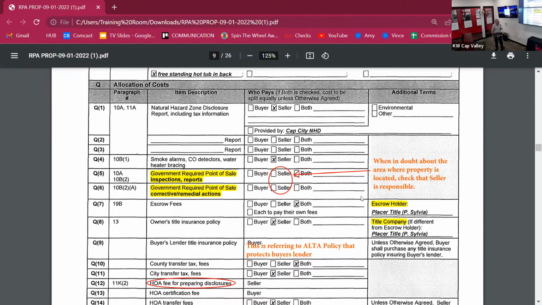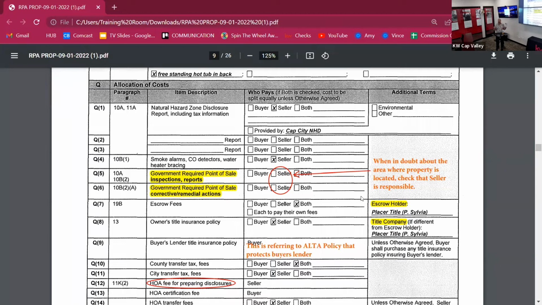Where you see those used are in some areas in the Bay Area. They have point of sale inspection requirements, like sewer and fire safety sprinkler systems. San Mateo has fire safety. Some other places in the Bay Area require a video inspection of the sewer. In Woodland, any newer home, and I don't know what the age cutoff is, had to have fire safety sprinklers.